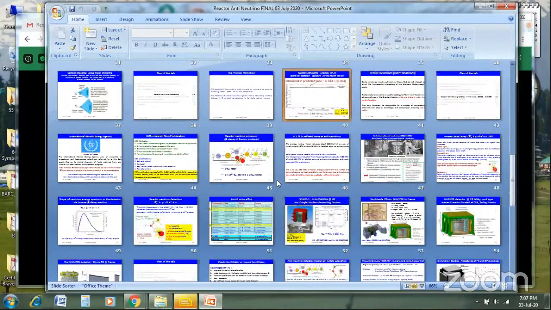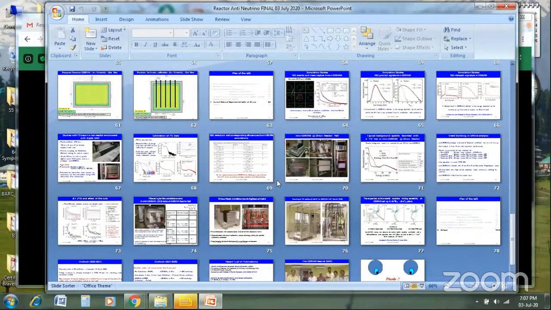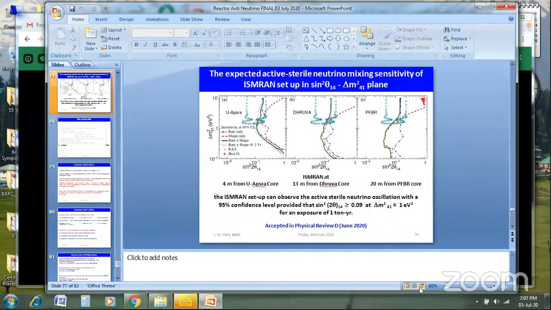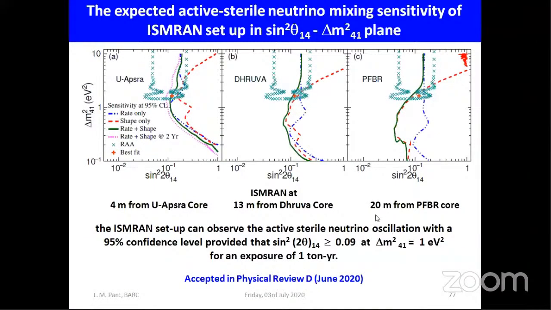Okay, so let us take a question from Mahata. Yeah, thank you. This is regarding that accepted paper. So congratulations to your team. And my question is, to get that 95% confidence limit, how many years of data taking is required? If you can see my slide 77, it is mentioned that the 95% confidence level comes provided that sin square 2 theta 14 is greater than 0.09, delta m square 41 is 1 eV square, with an exposure of 1 ton for a year.